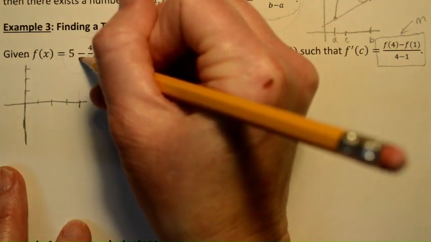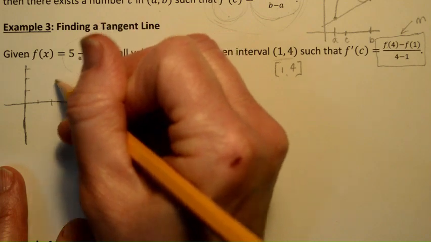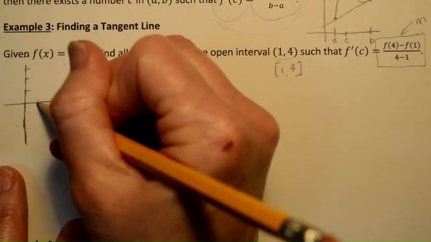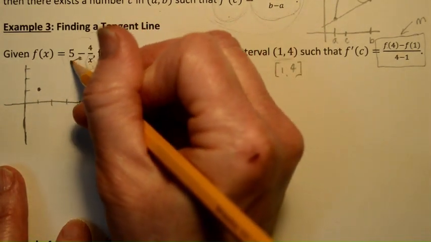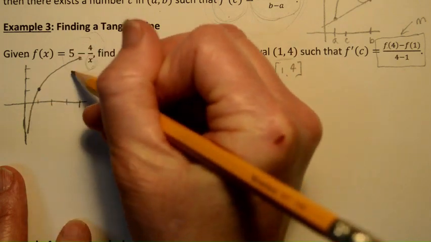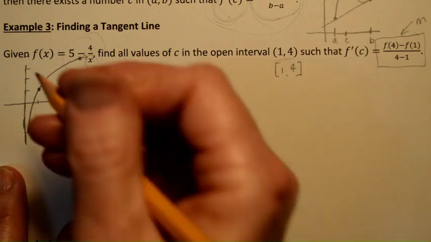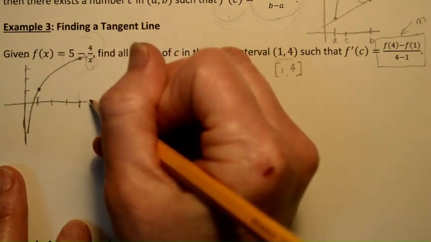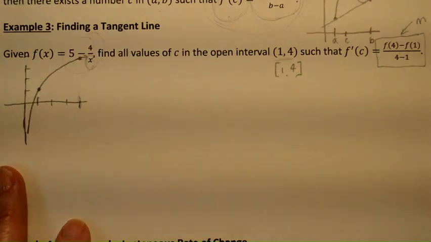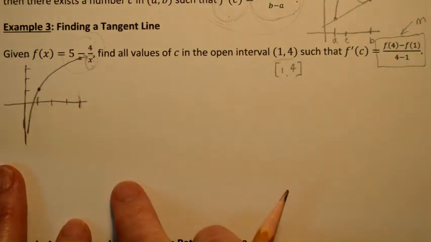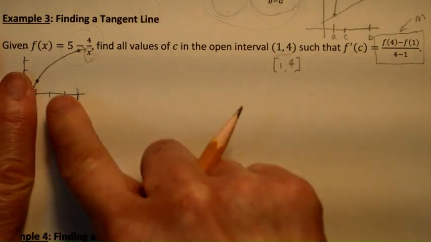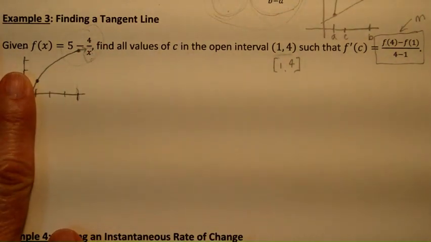It's going to be up here somewhere. It's going to come down and do like this. Let's say at 1, it's 1. But again, we're only concerned about this interval from 1 to 4. So that part that's a problem is not even in our vision at this point. Everything looks cool with where we are right now.